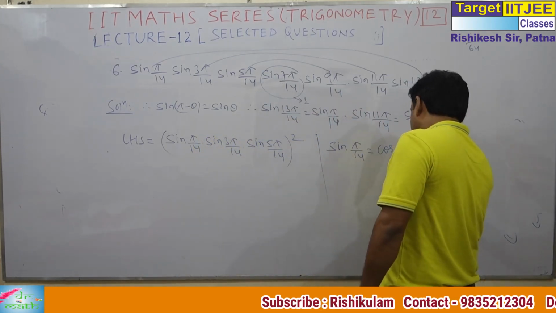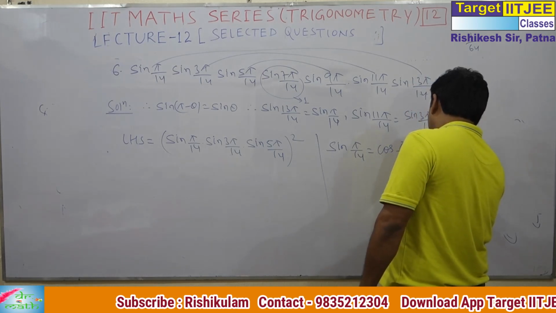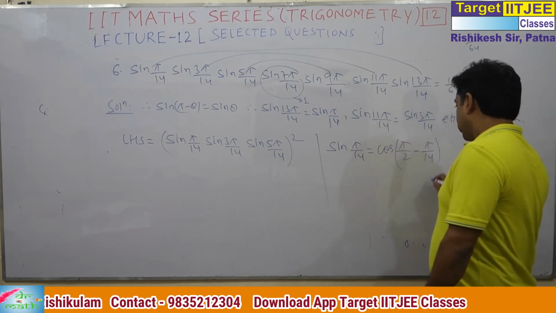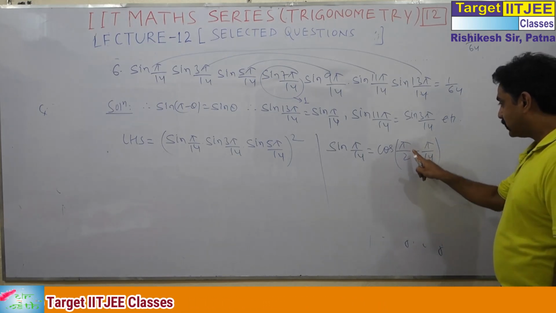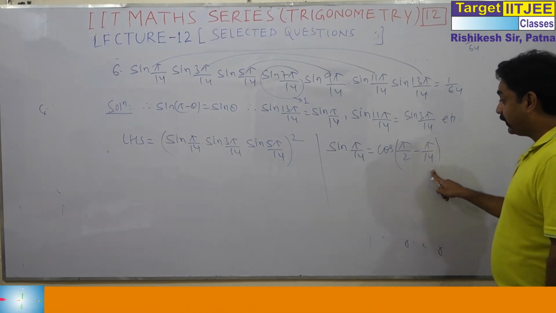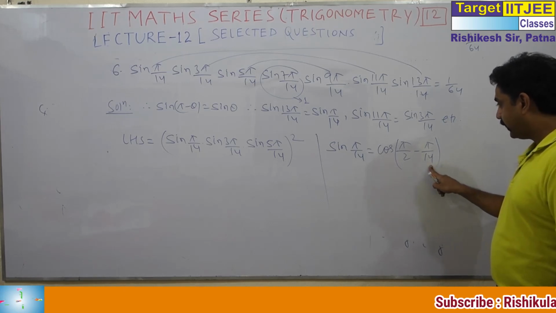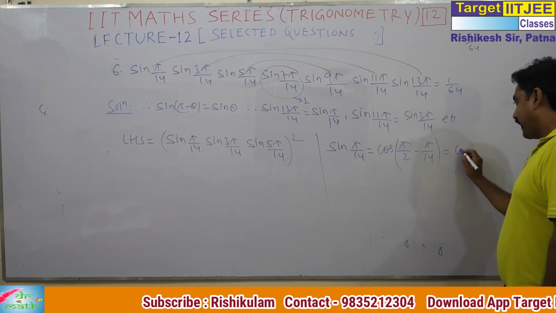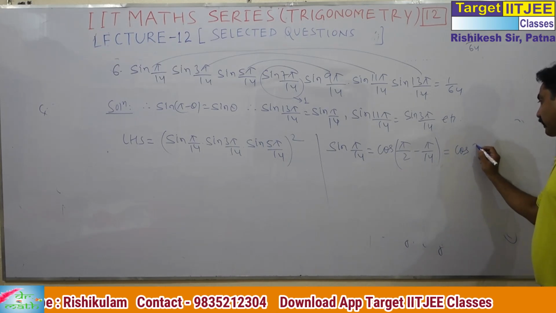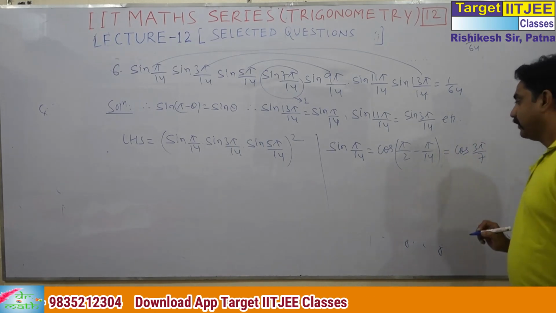This is cos of pi by 2 minus pi by 14. On calculation, this is cos 6 pi by 14. Cos 6 pi by 14 means what? This is cos 3 pi by 7.